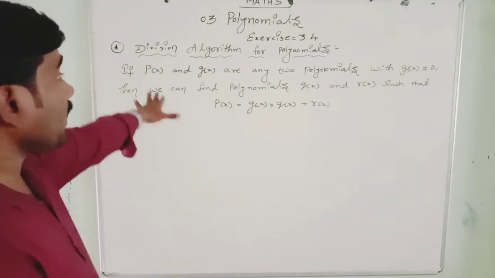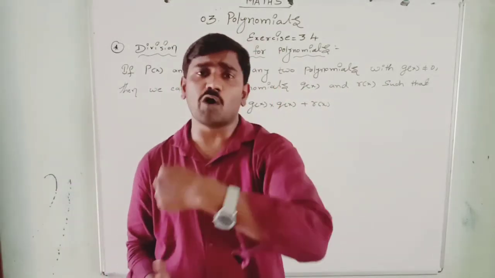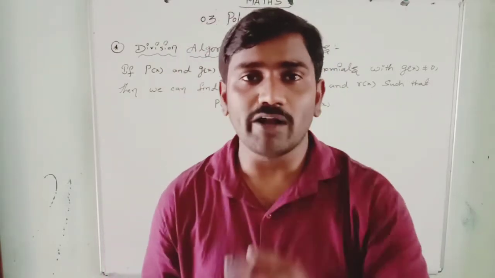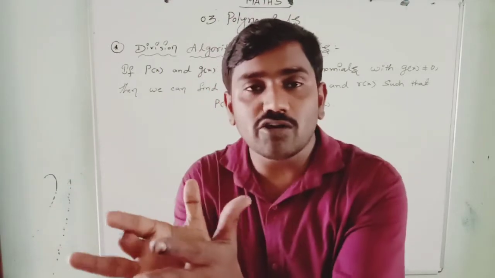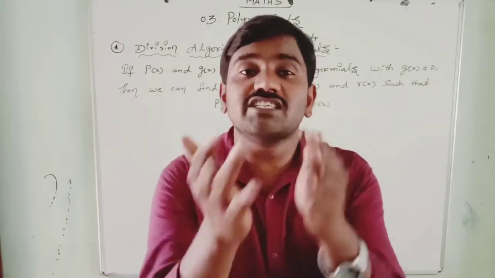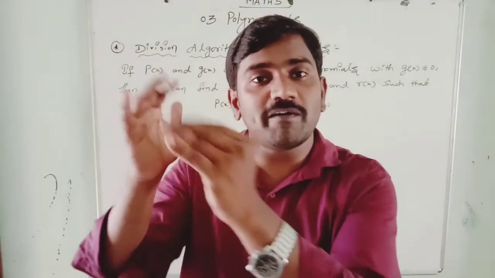If p of x and g of x are any two polynomials, one is p of x, the other one is g of x. If p of x is divided by another polynomial g of x, then we get q of x and r of x.